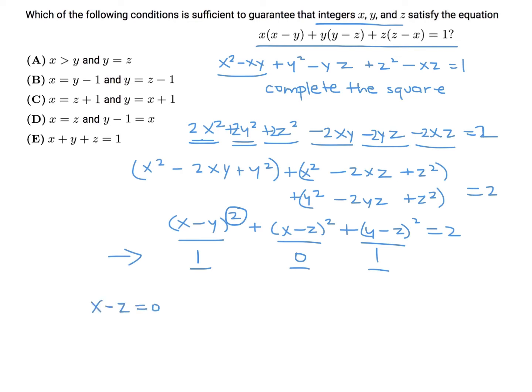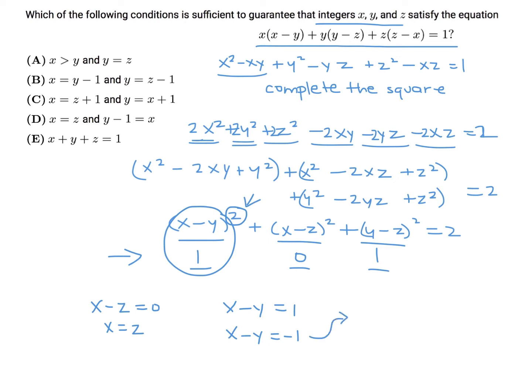Well, if this is the scenario right here, then that basically means that x minus z is 0, so x is equal to z. Okay, that is good. And then it means that x minus y is equal to 1 from here, or it could mean that x minus y is equal to negative 1, because remember, when you square it, it's going to become a 1.